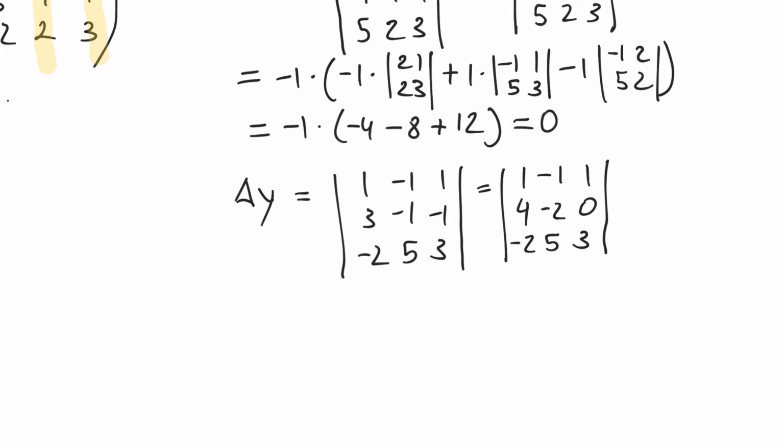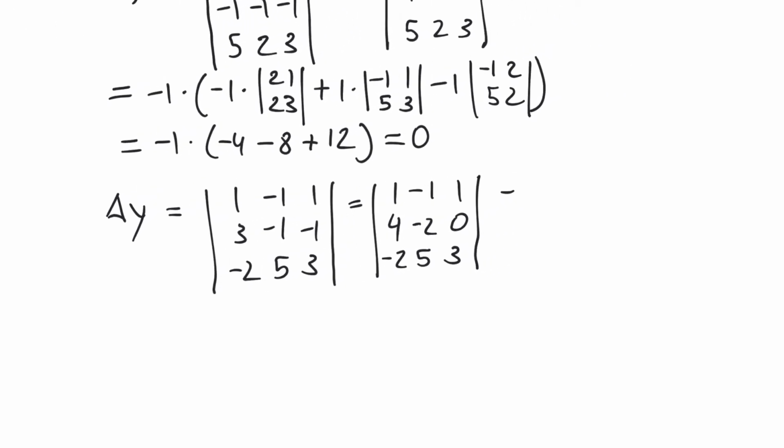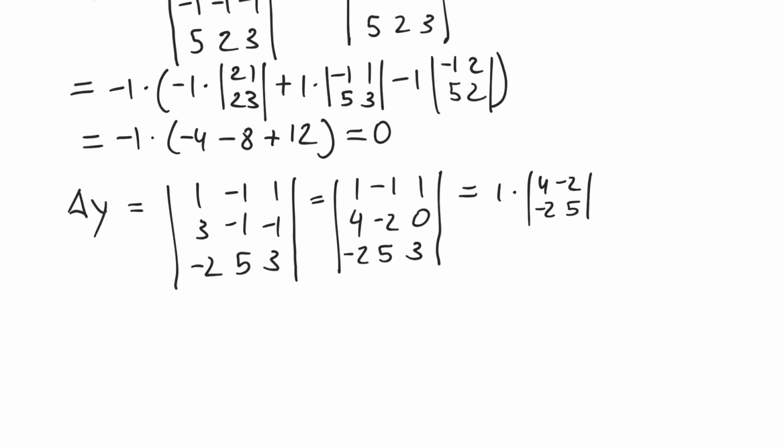Now we can calculate the determinant, and that equals to, we'll use, of course, the third column. So we have 1 multiplied by the determinant of 4, -2, -2, and 5, minus 0 plus 3 multiplied by 1, -1, 4, and -2.